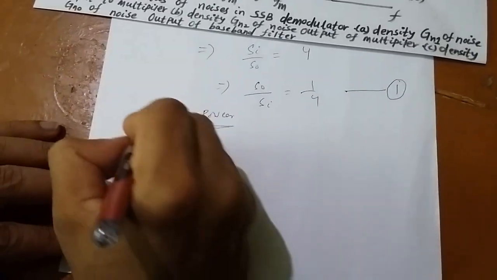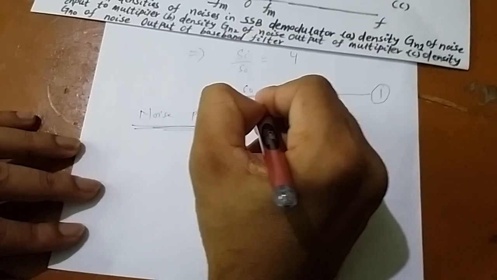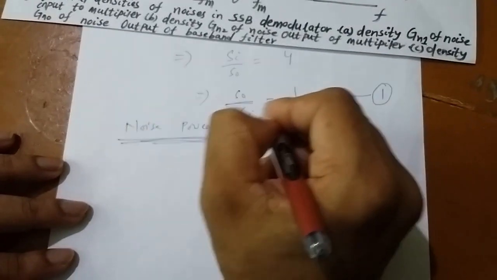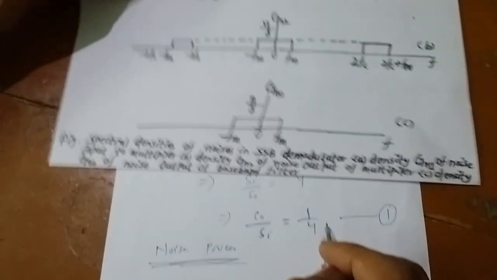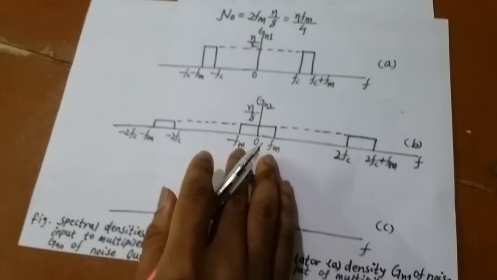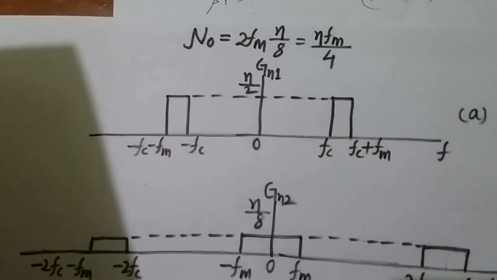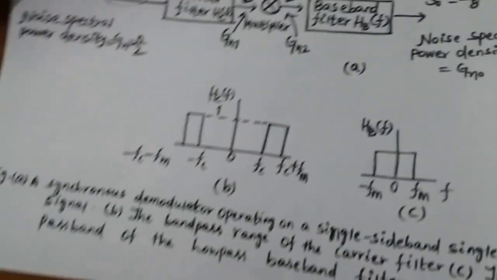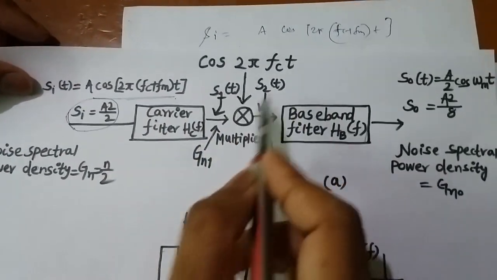Now we'll start the calculation of noise power. As you have seen, the output to input signal power ratio is 1 by 4. Similarly, for the noise portion, we were calculating the signal power.